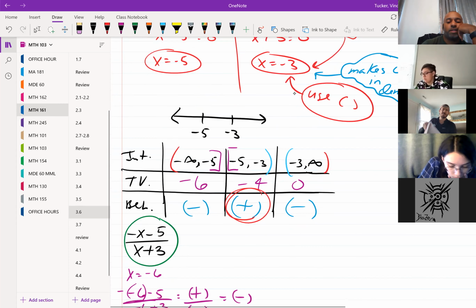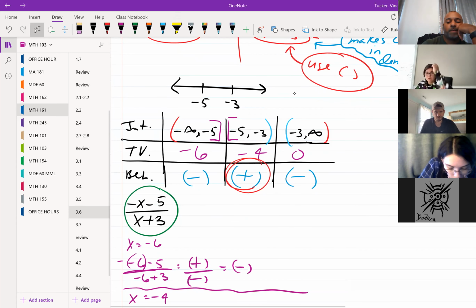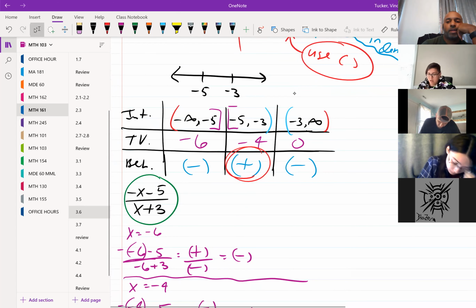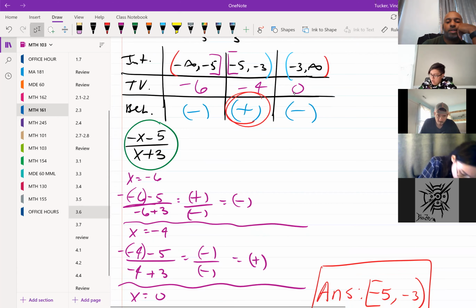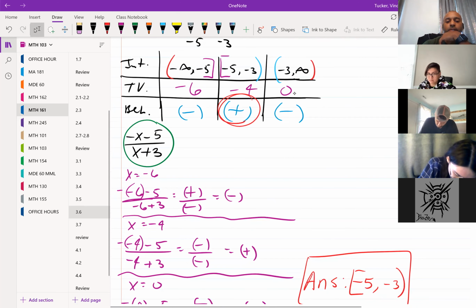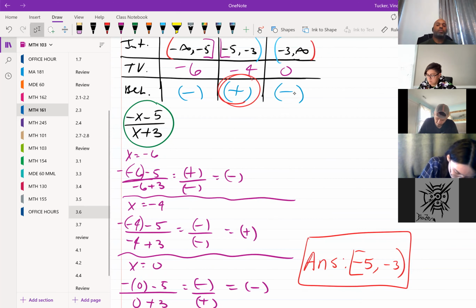So plugging in -6, I ended up getting a negative number. Plugging in -4, you get a positive number. Plugging in 0, you'll end up getting a negative number.